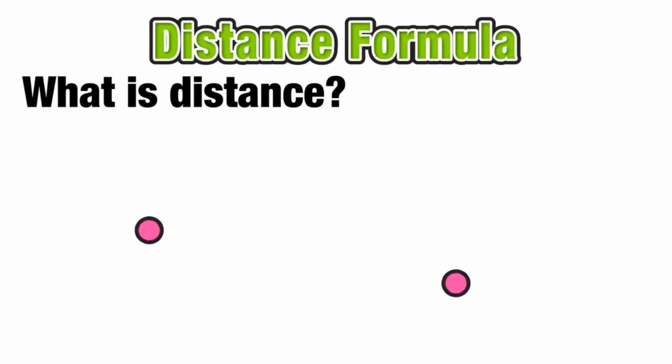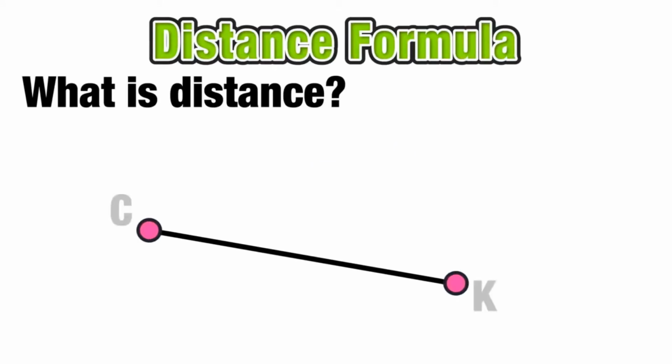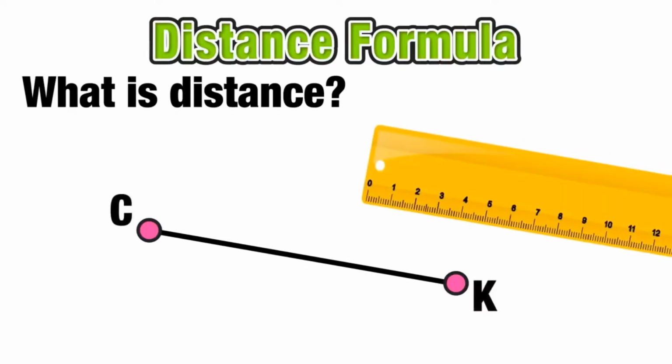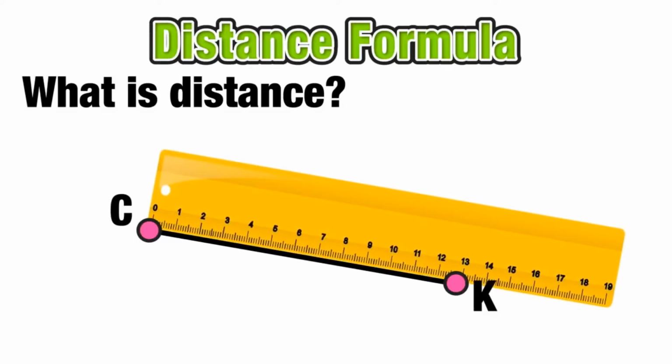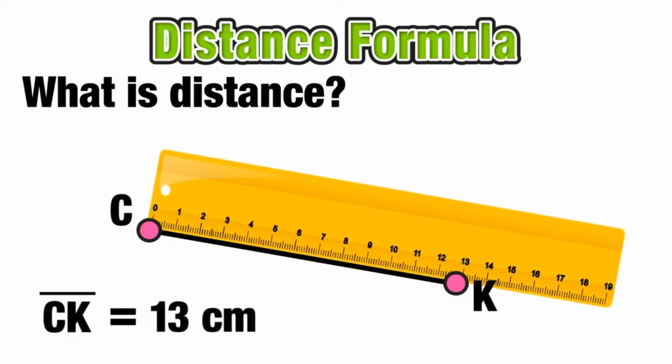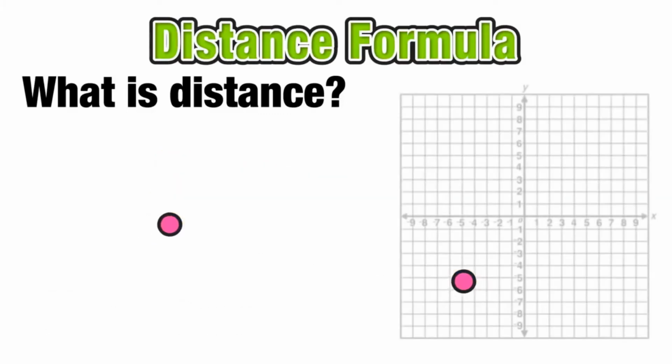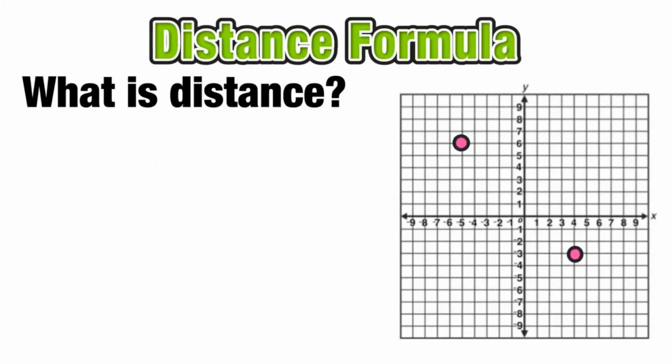So for this lesson, we're concerned with finding the distance between two endpoints connected by a line segment, in this case line segment CK. If we measured this line with a ruler, we could say that CK has a length of 13 centimeters. Ooh. And we are going to extend this idea of finding distance between points on the coordinate plane.